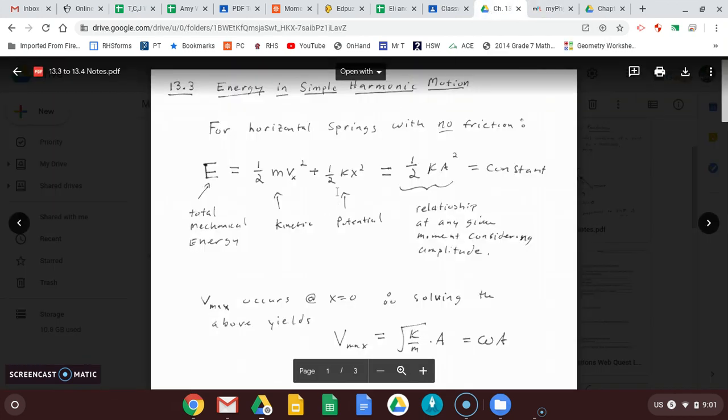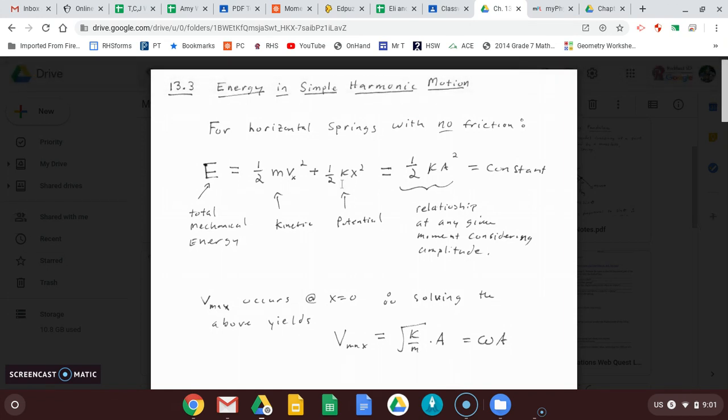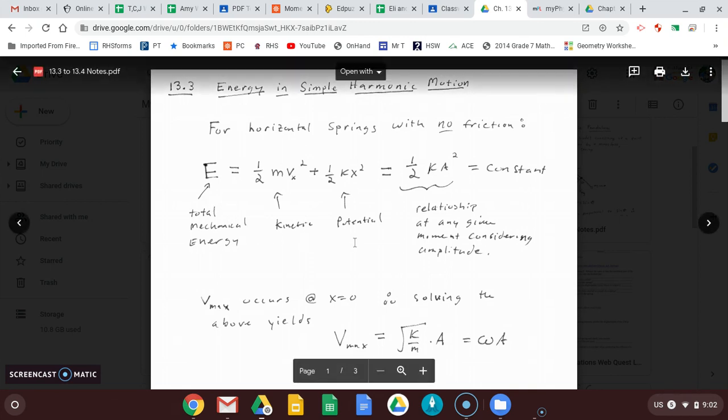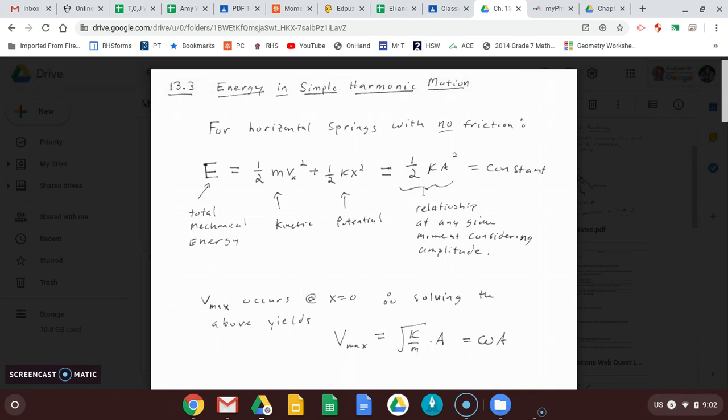So that's why we have the 1/2 kx squared in there. And it turns out that at any given moment, if you add those two together, yes, that's a total mechanical energy, but it'll always equal 1/2 times the spring constant k times the square of the amplitude. And as long as there's no friction, that value is constant, that of the total mechanical energy at any given time.